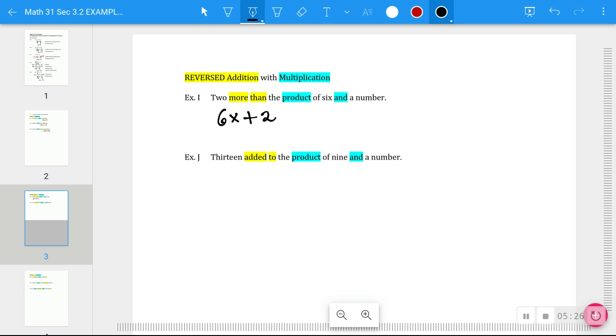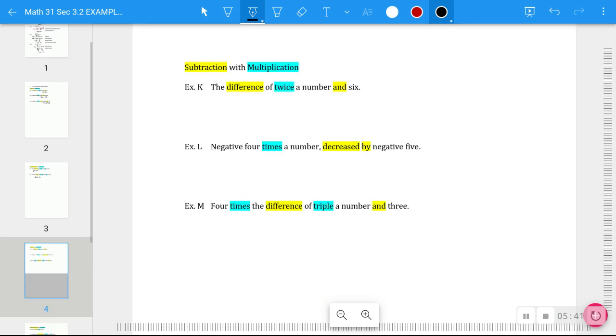Likewise, J, when it says "added to," you're going to put a plus sign, but the 13 better follow instead. This is a reversed addition. The product of 9 and a number. Product means multiply.